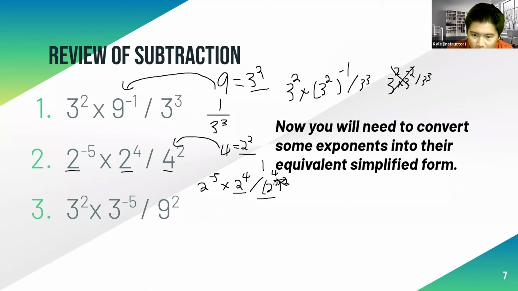So 2 to the power 4 divided by 2 to the power 4 is the same thing, so I can cross those out. And in the end, I just get 2 to the negative 5, and I can take this exponent and flip it, and I'll get 1 over 2 to the power 5. And in the end, I get 1 over 32. Cool? Does that make sense, Andrew?